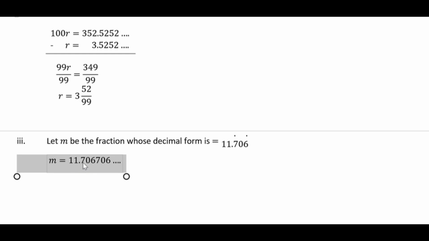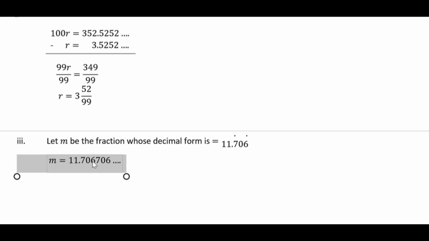If we multiply by 10, we shall have only 7 come before the decimal point. 0 and 6 will not be there. But remember, 0 and 6 are also part of what is recurring. If we multiply by 100, 7 and 0 will be before the decimal point, but 6 will not be appearing there, yet it's part of what is recurring.